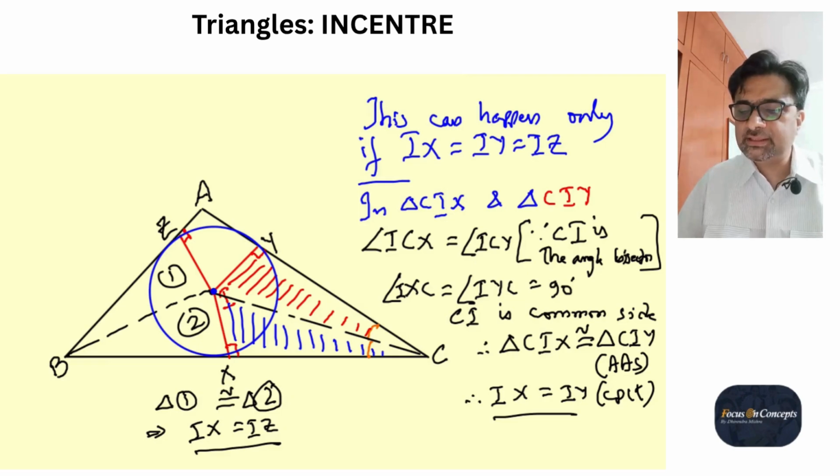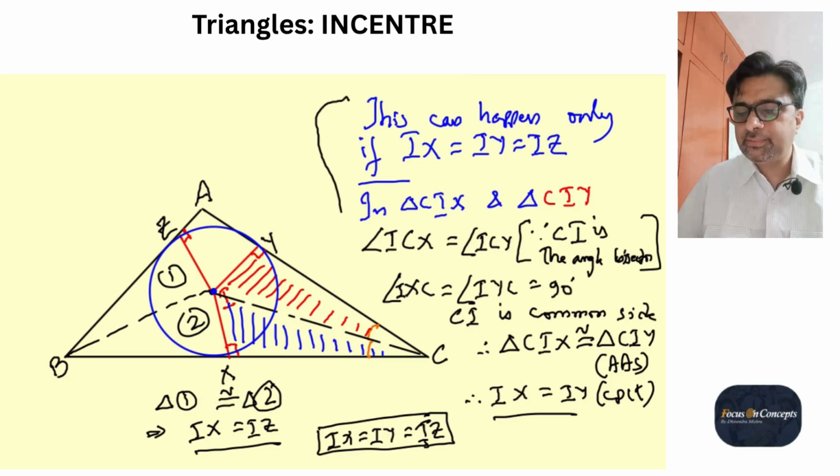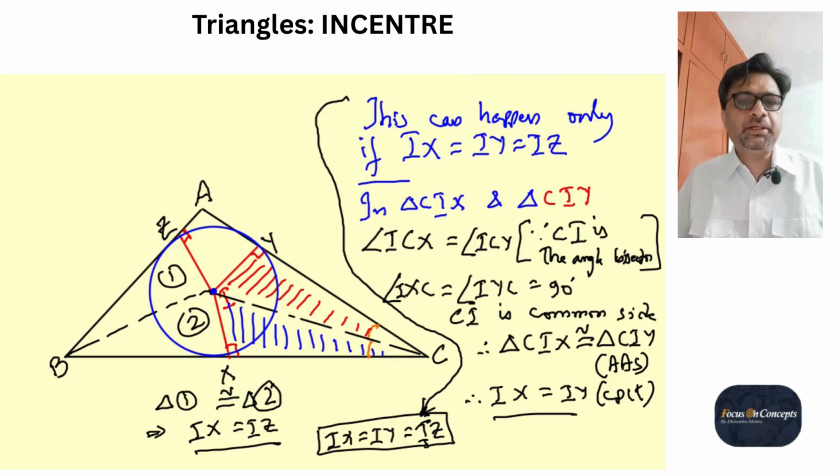So from this and this, if you combine the two, you would see that IX is equal to IY equal to IZ. So whatever we said must happen has actually happened. This is how we have mathematically proved the line segments IX, IY and IZ to be equal.